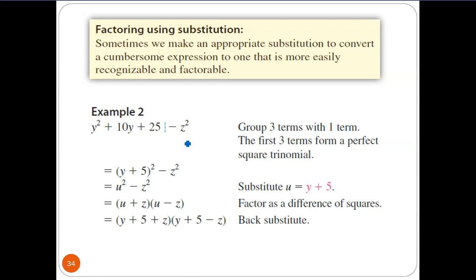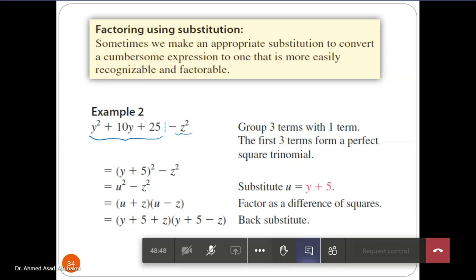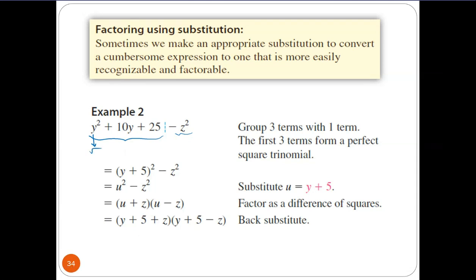So, sometimes if we have 4 terms, we must put 3 in one group and 1 in another group. Look at this. If we take the root here and take the root, we have y and 5. Y and 5 multiplied by 2, so we have 10y.